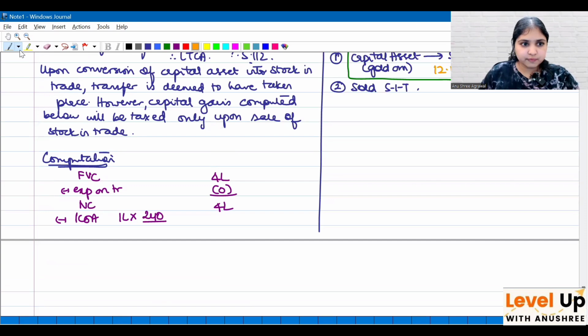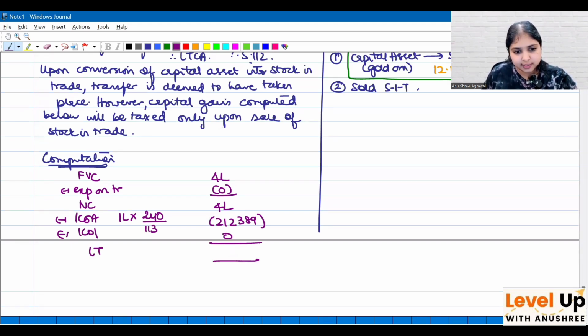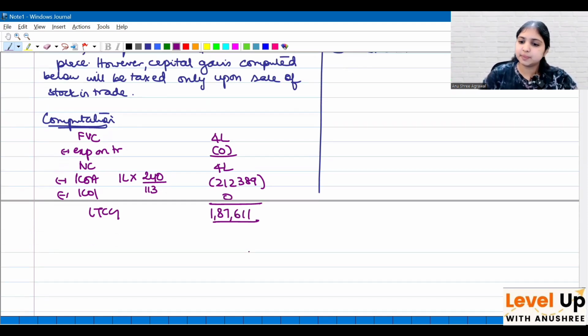Okay. So 1 lakh into 240 by 113. How much will this work out to? 2,12,389. We don't have any cost of improvement. So what is our LTCG number? 1,87,611. Do you get this number, everybody?